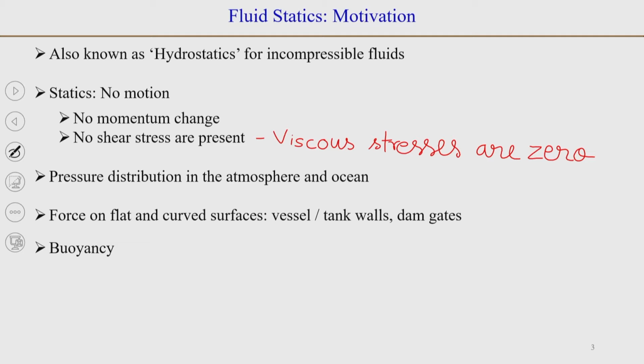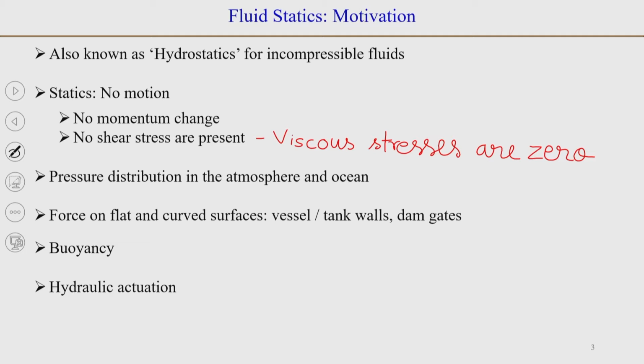But in any case, there will be a buoyancy force acting on a body, and that will be equal to the weight of the fluid displaced by the body. So, that is what Archimedes principle is. We will look into it.